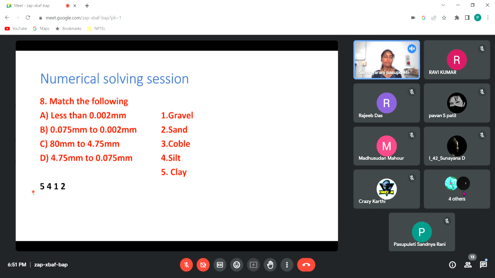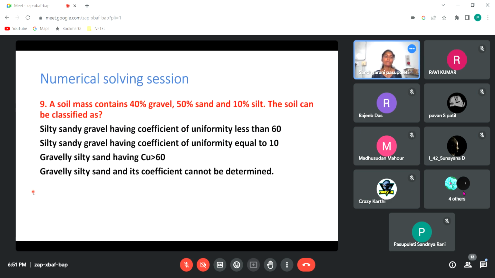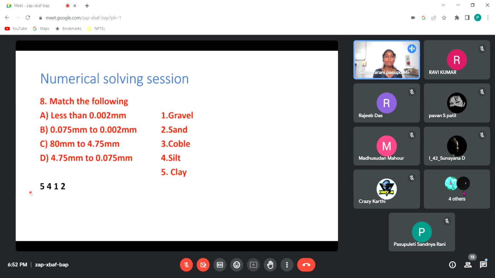If you want to look, you can look at it once. Okay. If we move further, there is a soil that contains 40% of gravel. I have discussed that size related question till now because by now you might be having this information with you. Any material that is retained on 4.75 is gravel.